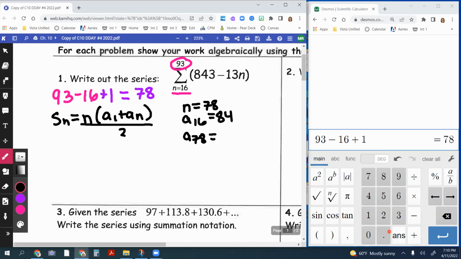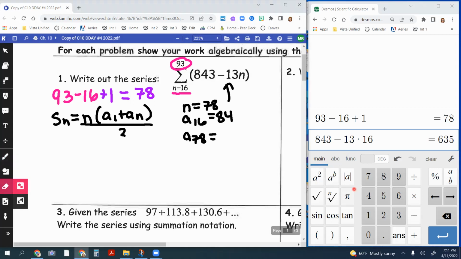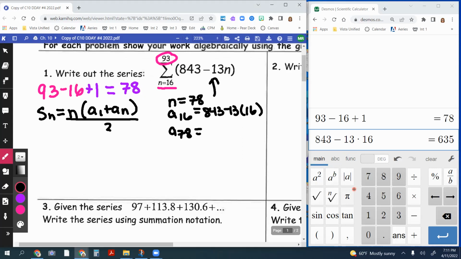So into this equation, I'm going to substitute in 16 to see what I get. So hold on, it helps if I actually write the right equation here. 843 minus 13 times 16, which ends up giving us 635.